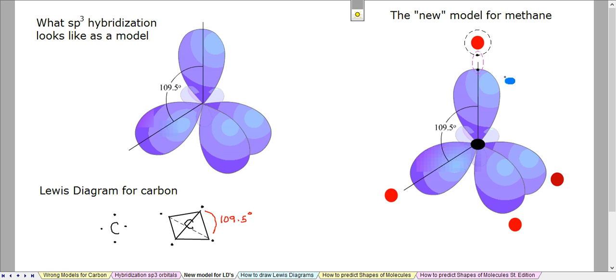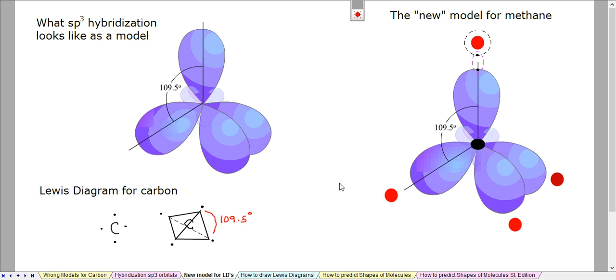In some molecules we have pairs of electrons. In other molecules we have lone pairs, where we might have two electrons hanging out by themselves together as if they've been paired to another atom. But this is our new model for methane. This is exactly what methane would look like if we were to use a ball and stick diagram.